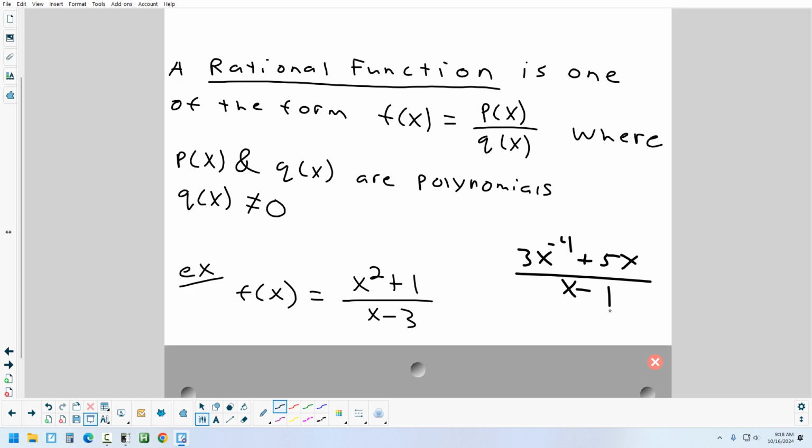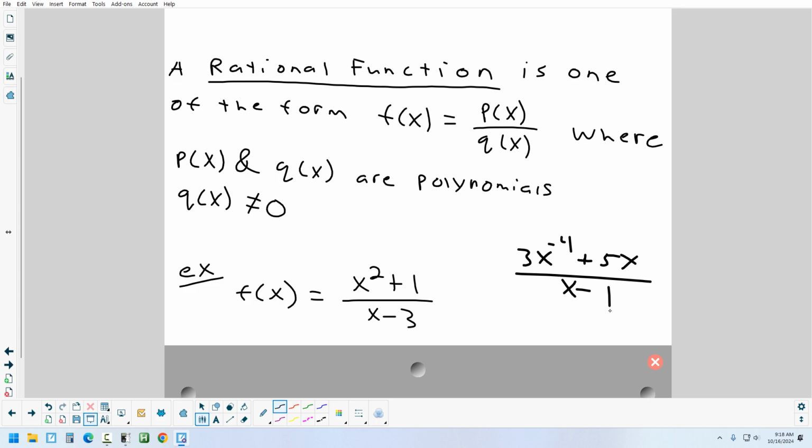What's the definition of a rational function? It's on the board. The top and the bottom both have to be polynomials. So when I ask you, is that rational, ask yourself, are the top and the bottom both polynomials? Is the top a polynomial? No.